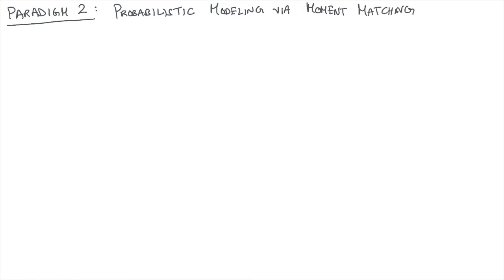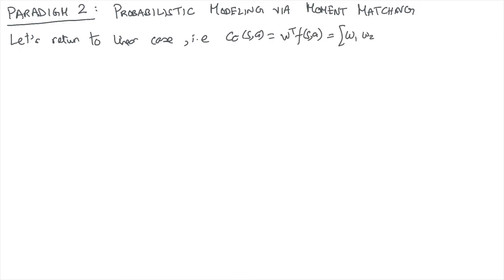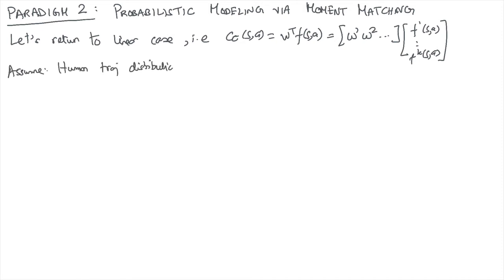Okay, so let's return back to the linear setting where the cost function c theta was w transpose f. W is a set of weight vectors, and f1 to fk are a set of feature maps. This time, we're not going to assume human is optimal.